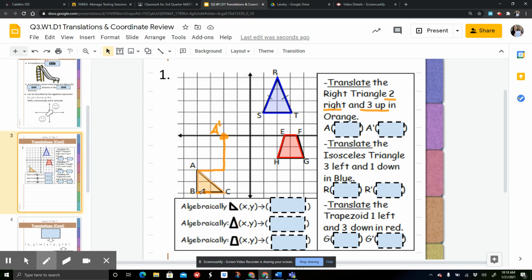And then I'm going to grab B and go 2 to the right and 3 up. 1, 2, 3. And that becomes B prime, because that is the new B after you translated it. And then we're going to grab C and we're going to go 2 to the right and 3 up. 1, 2, 3.